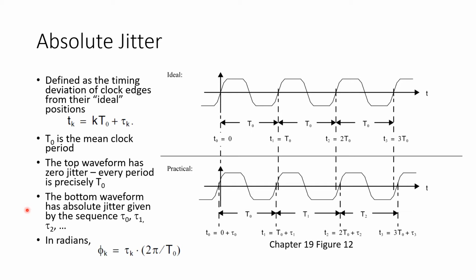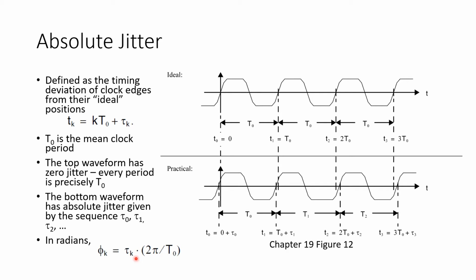and the sequence tau is called the absolute jitter sequence. And tau, as defined here, has units of seconds, but we can also define a related sequence, phi sub k, being the same sequence but in radians. So we normalize by the constant 2 pi over T0. So both tau k and phi k are measures of absolute jitter.